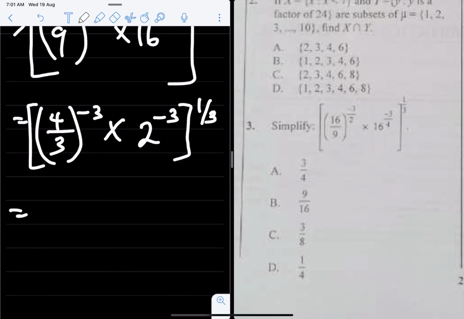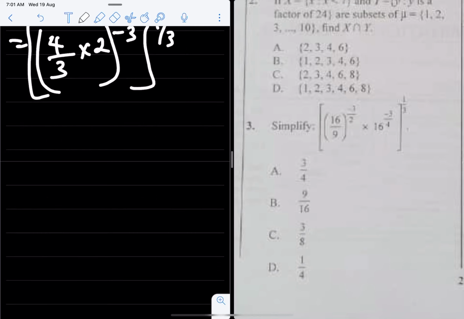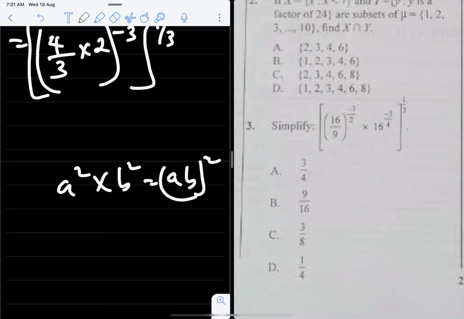And this simply means 4 over 3 times 2 raised to power minus 3, and everything raised to power 1 over 3. Of course, we know that a squared times b squared is the same as a times b all squared.